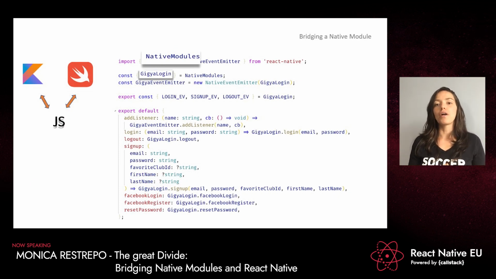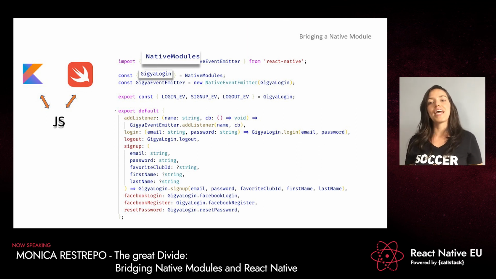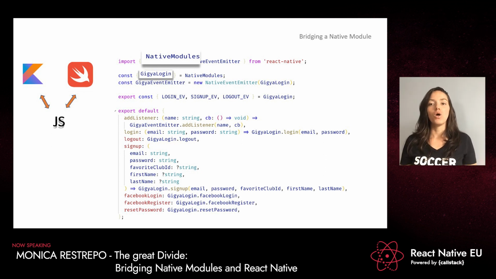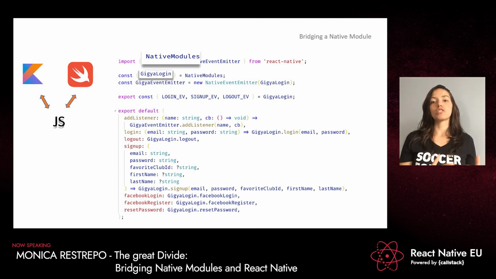And finally, when our bridge has been successfully created and initialized, we get to actually access it from our JavaScript code the way you can see in this slide. We import the native module class and then call the specific module we would like to use.